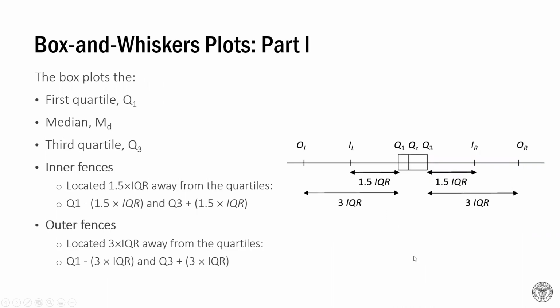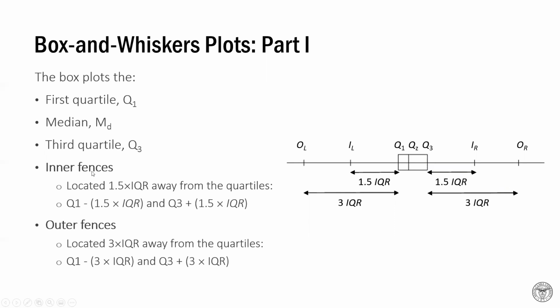To minimize the impact of outliers on describing the spread, we thus introduce another tool called the box and whiskers plot. In the box and whiskers plot, we continue to use the first quartile, the second quartile, and the third quartile. However, we replace the lowest and the highest values with 2 sets of fences.